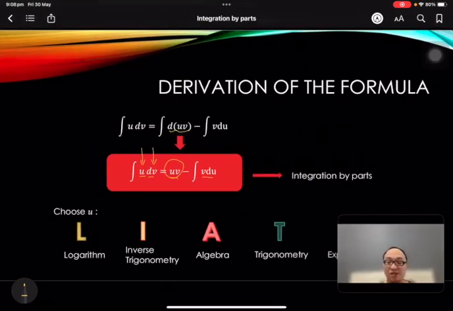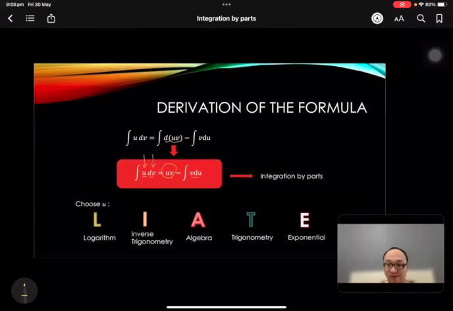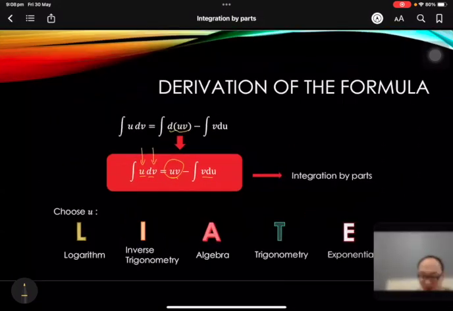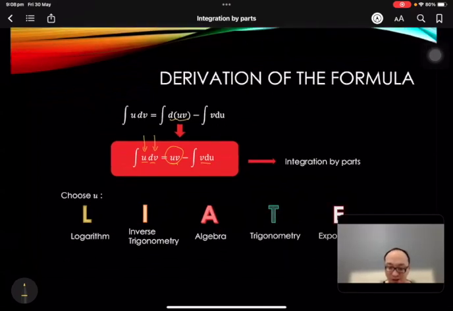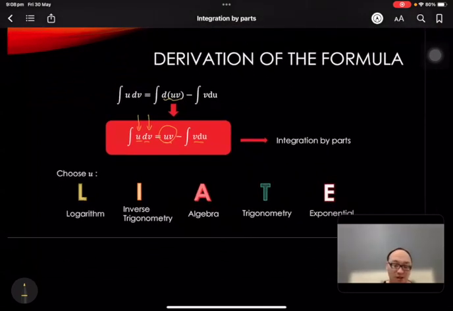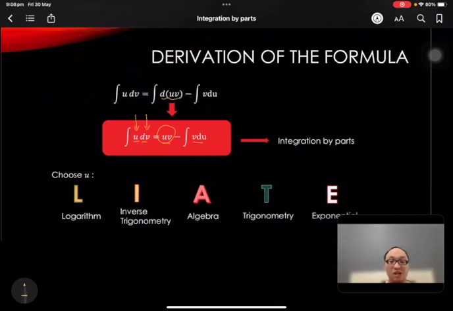This method is called LIATE. L is logarithm, I is inverse trigonometry, A is algebra, T is trigonometry, and E is exponential.